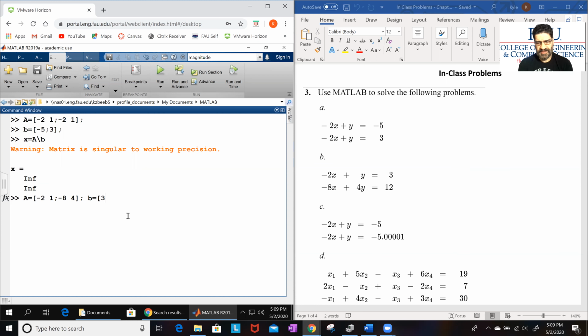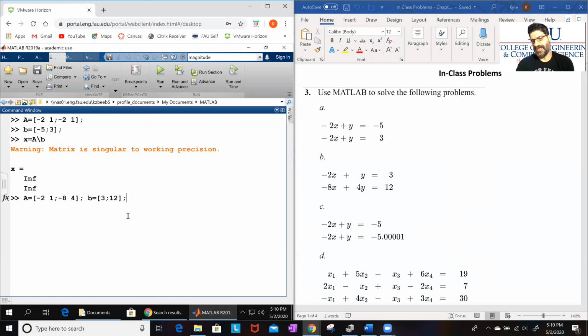Even with this one you're probably going to get the same thing, because if you notice, before I do any calculation, if you multiply the first equation by 4, you get the second equation. So it is actually one equation and one line.